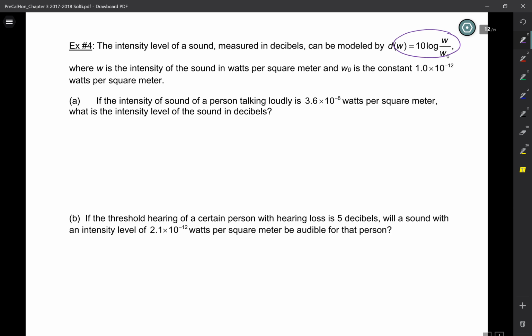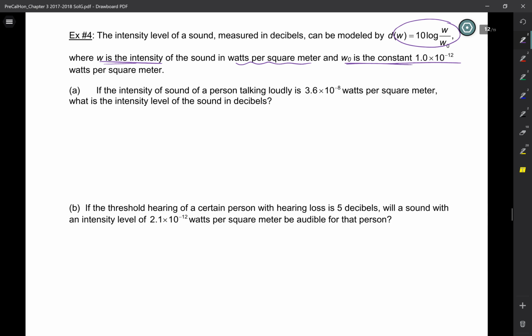W is the intensity, and it's watts per square meter. W naught is a constant. So here it says, if the intensity of sound of a person talking loudly, which is what I'm doing right now because I'm so excited about this math, is that many watts per square meter, what is the intensity level in decibels? Okay?